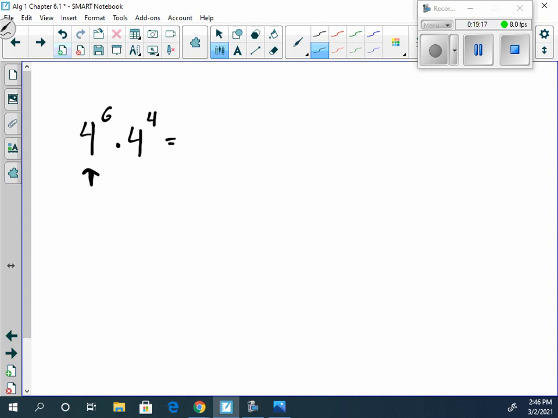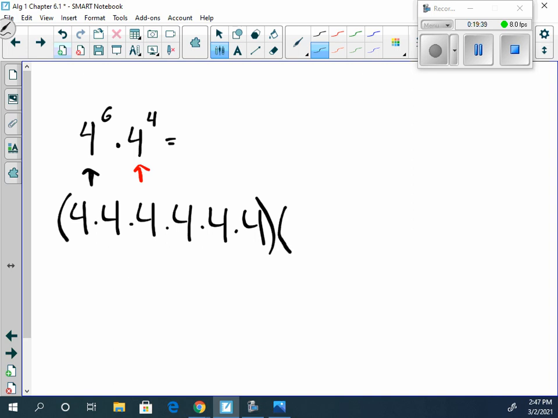4 to the 6th means I'm multiplying 4 by itself how many times? 6 times, yes? Okay, I'm going to write that out. 1, 2, 3, 4, 5, 6. Okay. 4 to the 4th says what? I'm multiplying 4 by itself how many times? 4 times, because it's to the 4th power, yes? So I'd have 4 times 4 times 4 times 4.